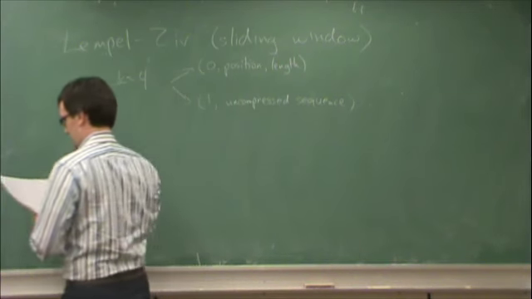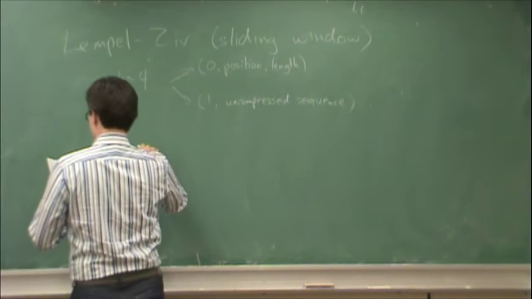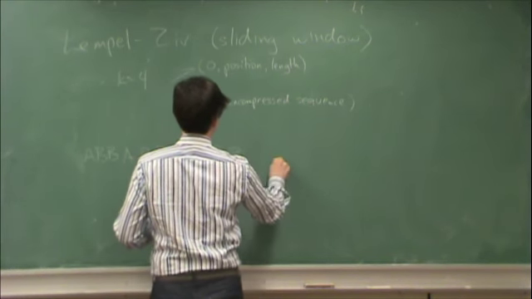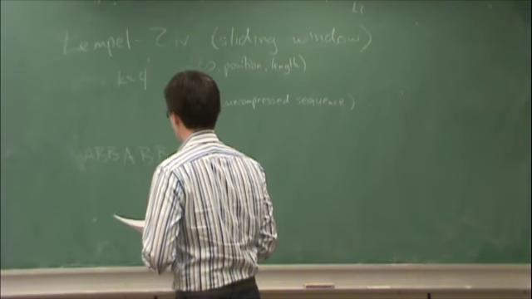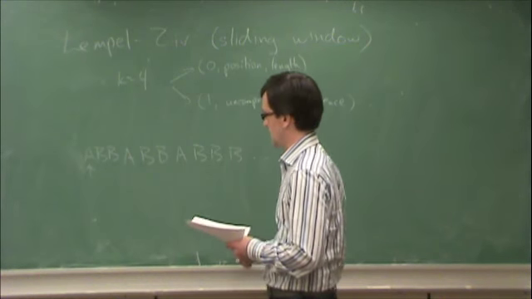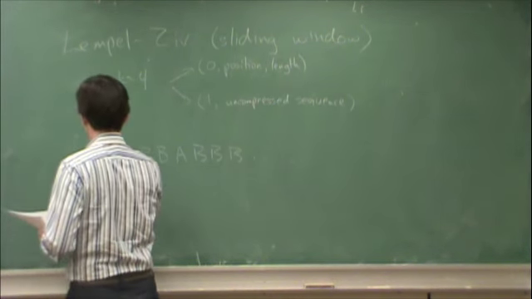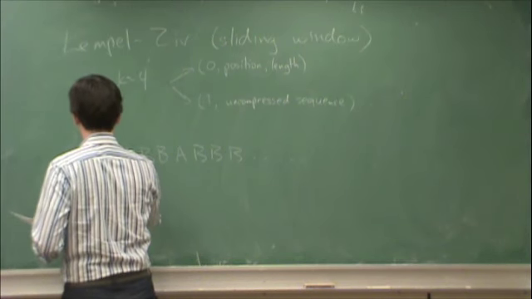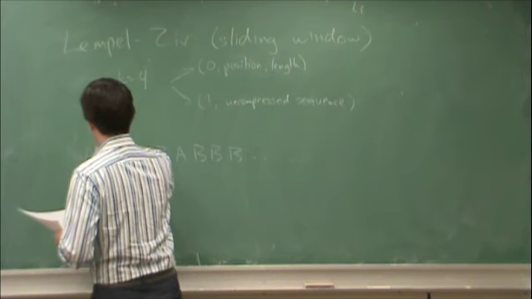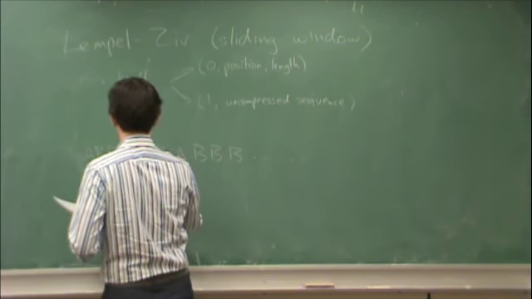Let's just remind ourselves how this works. The source is A, B, B, A, B, B, A, B, B, B, and so on. So this is the beginning, the dawn of history. The first thing I look at has not occurred before, so I send that as 1A. The next thing I look at is B, that has not occurred before, so I send that as 1B.